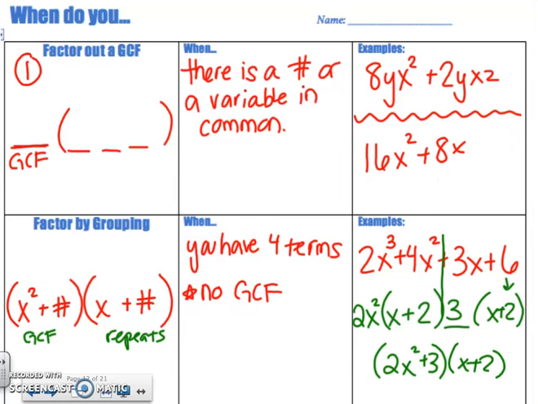Okay. And then lastly, the most recent thing we learned is how to factor a quadratic trinomial. So when you can factor a quadratic trinomial, it's going to be in the form ax squared plus bx plus c. Okay? So you can do that when there are 3 terms.